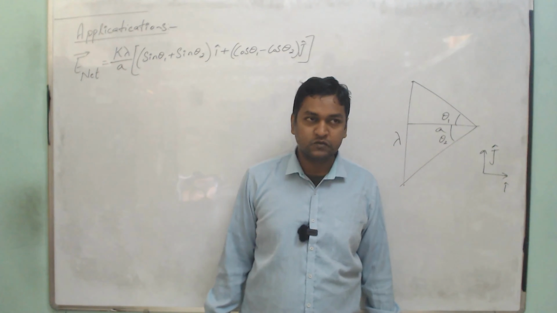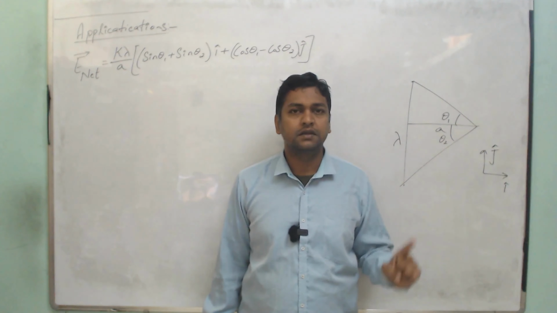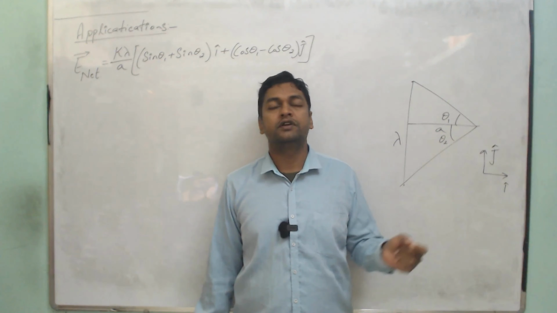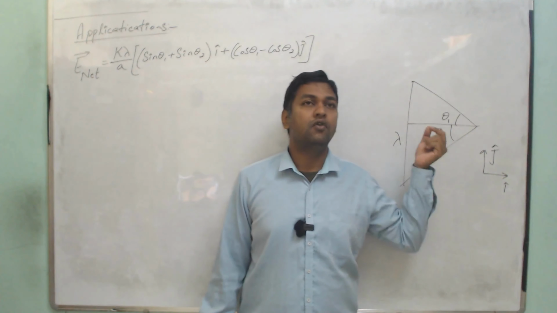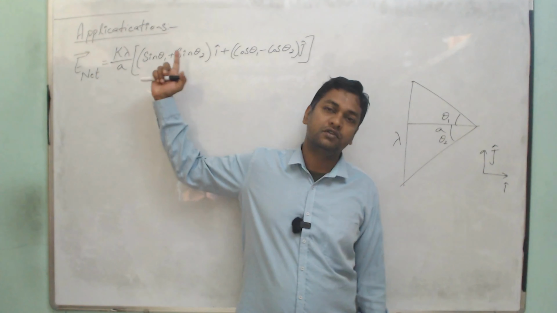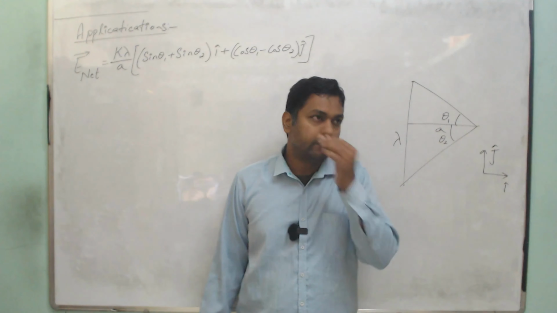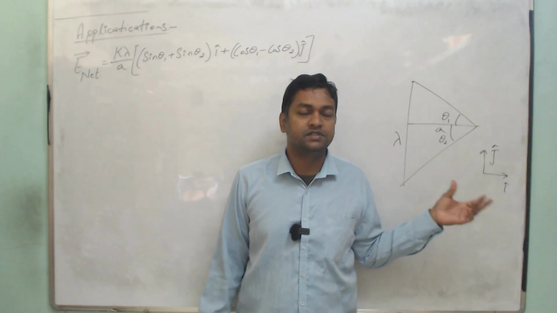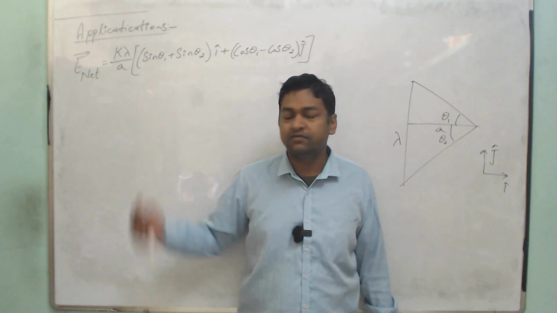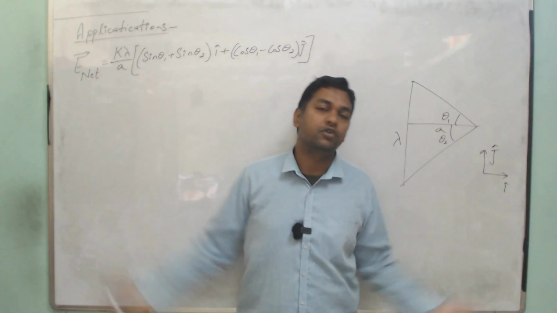So first, remember the figure, and most importantly remember what my theta 1 and theta 2 are. Second, remember the formula. Very rarely do I say remember the formula, but these are situations where we have to, because we will not derive it every time. We will directly substitute whatever is given.